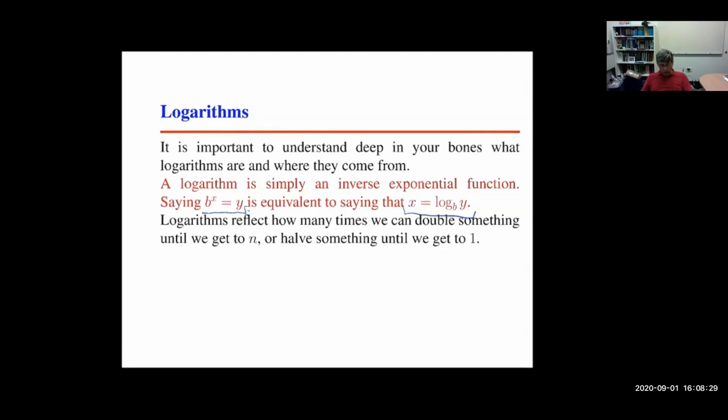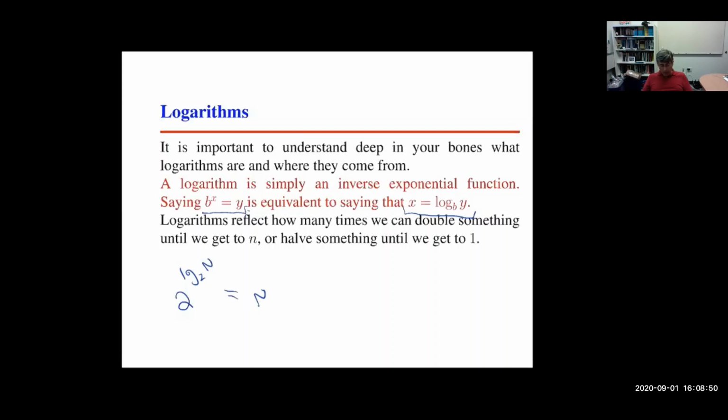So earlier I said that 2 to the log base 2 of n is equal to n, right? Why is that? What is the amount that I have to raise 2 to get to n?